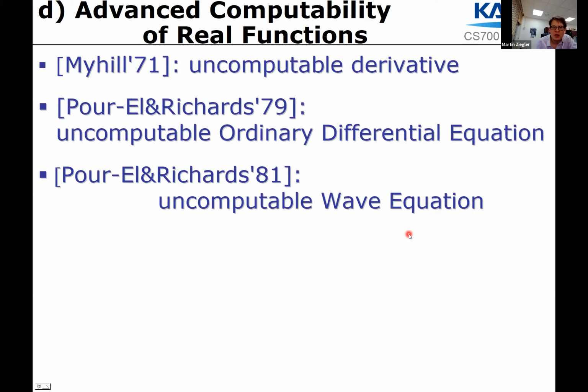Then we're going to recall also uncomputability with partial differential equations, namely the wave equation, which we're going to show, following Pour-El and Richards 1981, to map a computable initial condition to an uncomputable one.